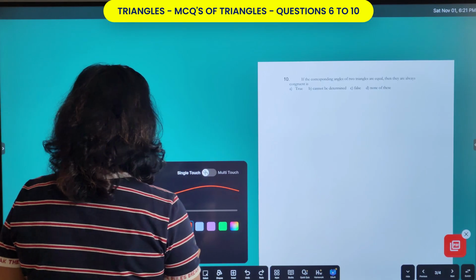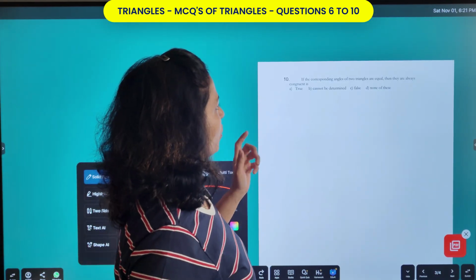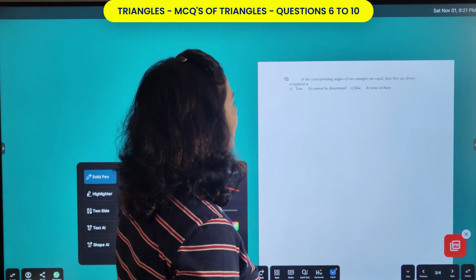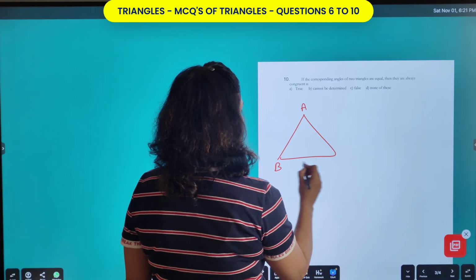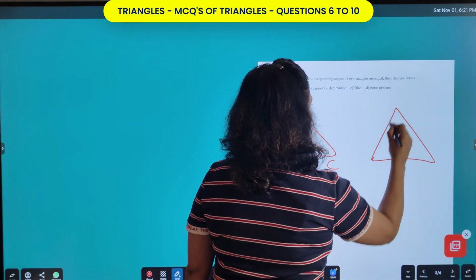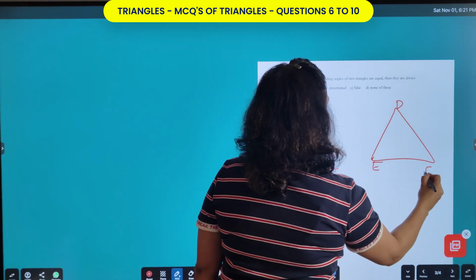Okay, so the last question: if the corresponding angles of two triangles are equal. Suppose I draw two triangles ABC and DEF.